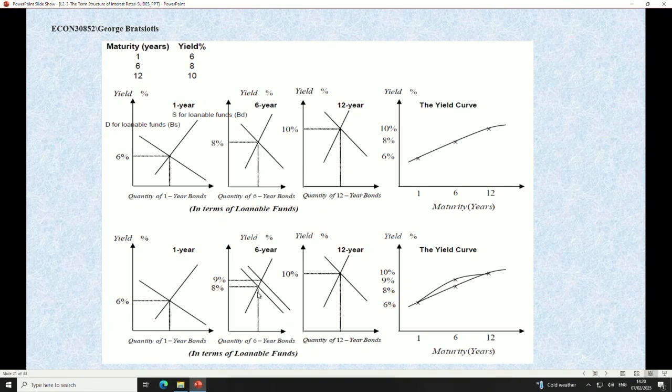Therefore, that will shift out there, and that will put the interest rate to 9%. Does that affect the 1 year and the 12 year? No. This is something specific to the 6 year market, correct? Correct. Therefore, when I come to plot this, I will get a little blip at the 6 year. Can you see that?